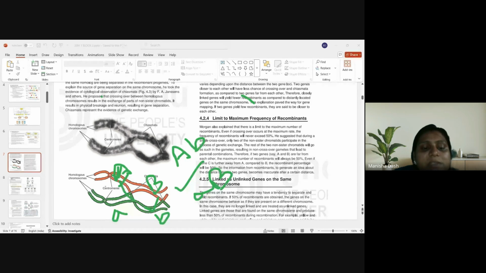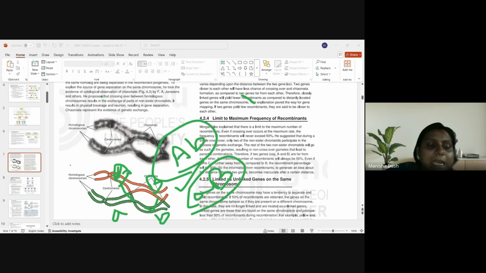This is what is called as a recombination character, or the recombinant. So recombination is only possible when the genes are located at a measurable distance. But imagine if both the genes are located very close to each other like this. This is the A, this is B, then this is A, this is B.